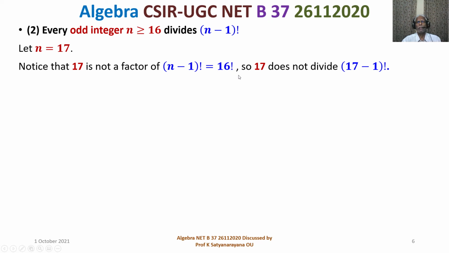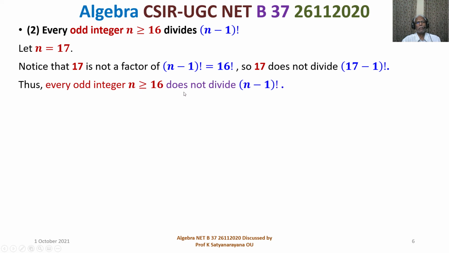It is very clear. So 17 does not divide (17 minus 1) factorial. Why? 17 is a prime number bigger than 16. Therefore 17 is not a factor of 16 factorial. Thus, not every odd integer n greater than or equal to 16 divides (n minus 1) factorial. So option 2 is not true.